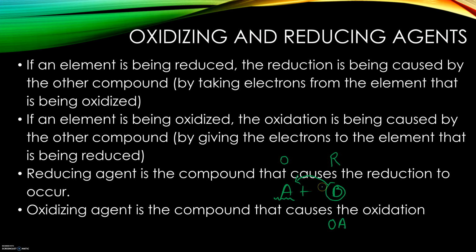It's whatever helps the oxidized become oxidized, whereas we know that A contributes to B becoming reduced, which means A is also our reducing agent. So the agents are basically the opposites of what they actually end up doing, because remember that relationship of one cannot exist without the other. That means if one is being oxidized, it's also going to help the other become reduced. So that's how we finalize these terms of oxidizing and reducing agent.